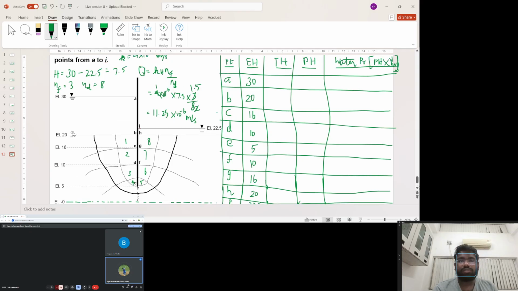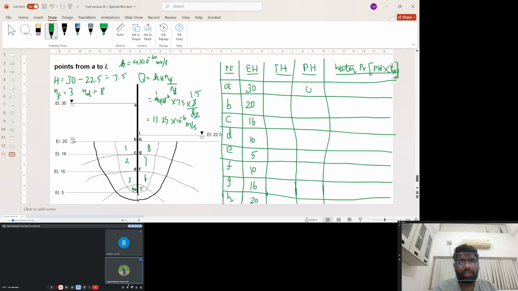It is at atmospheric condition. So the pressure head at A is 0 and the total head is 30. Understood? Everything is in meters. This will be in kilonewton per meter square or kilopascal.